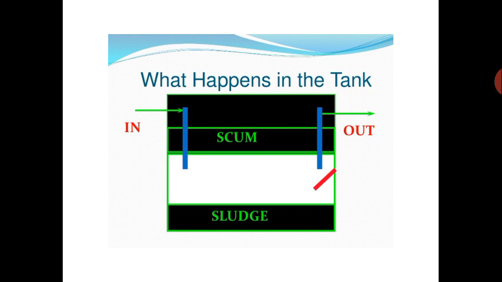Scum will accumulate at the top and sludge at the bottom. You can see the inlet, where the wastewater enters. After 2 or 3 days, scum is going to generate and float on the surface, meaning its density is very low, and the destabilized sludge settles at the bottom.